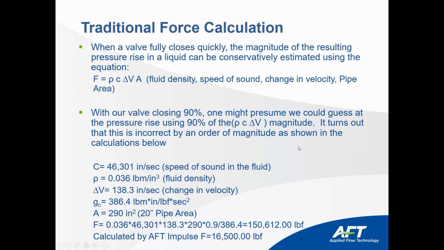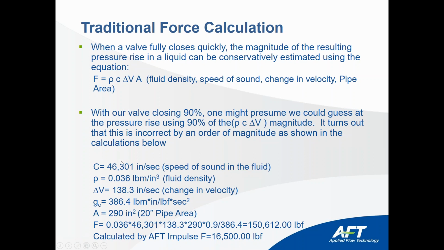With the valve closing 90%, one might presume that we can guess 90% of the pressure rise, which is rho times C times delta V in magnitude. It turns out that this calculation is incorrect by an order of magnitude, as shown in the calculations.